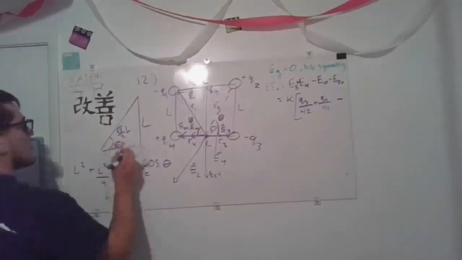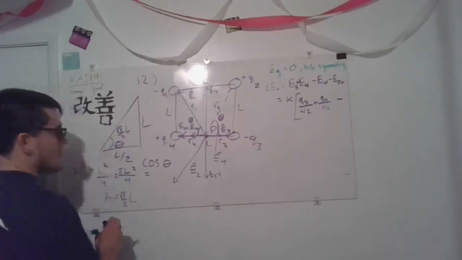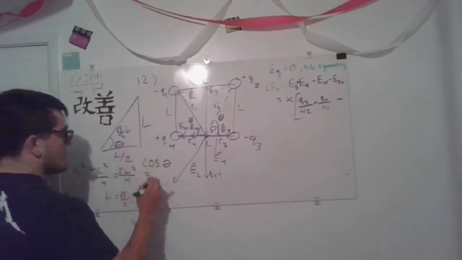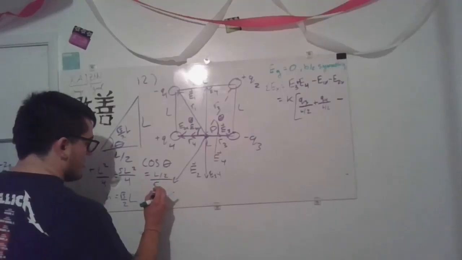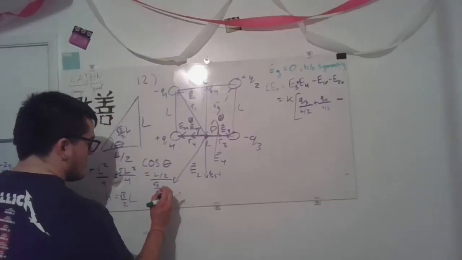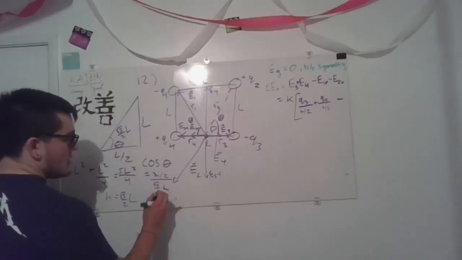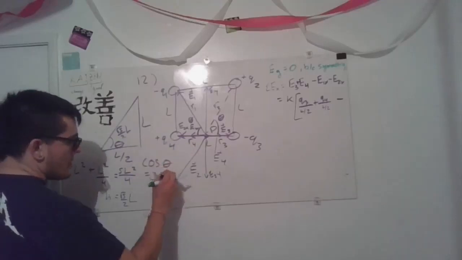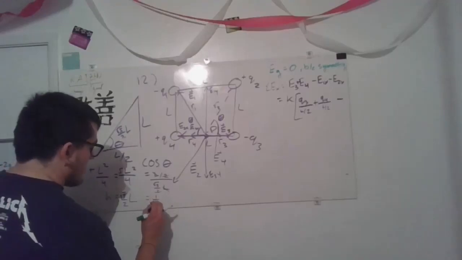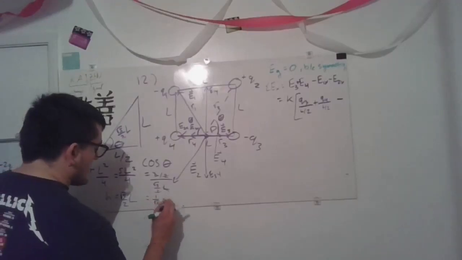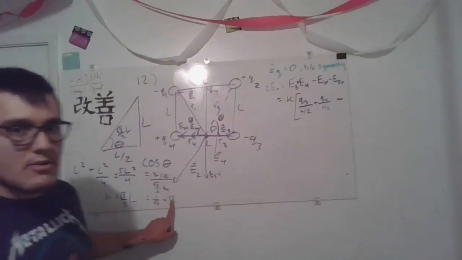Looking at this, it'll be L by 2 over that. So the L's will cancel, right? L by 2 over radical 5 over 2 times L. These L's will cancel. This 2 will flip up, cancel out with this 2. And then you'll have 1 over radical 5, which is radical 5 over 5. So the cosine of theta is radical 5 over 5.